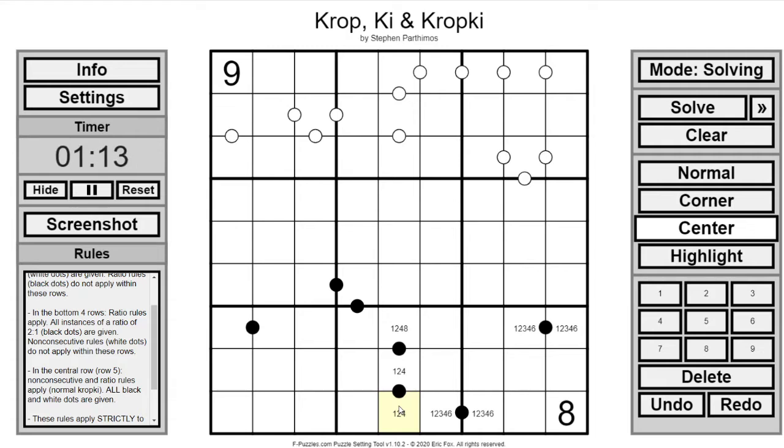But I think no matter what, the 2 and the 4 are used here, I'm pretty sure. Yeah, 8, 4, 2 uses the 2 and 4. 1, 2, 4 uses the 2 and the 4, so I can't have a 2 or a 4 here.